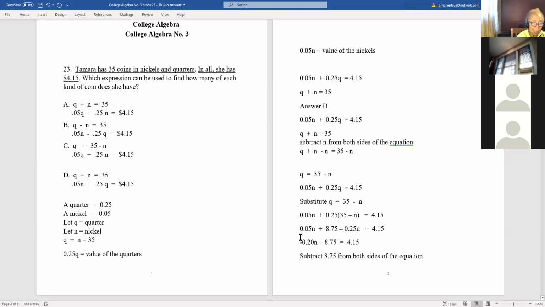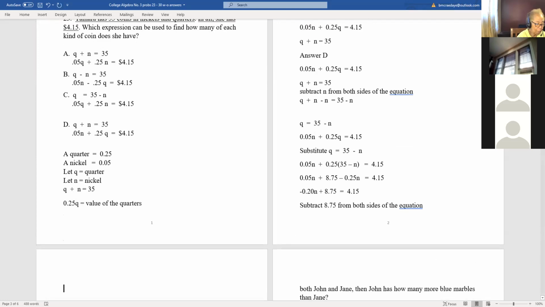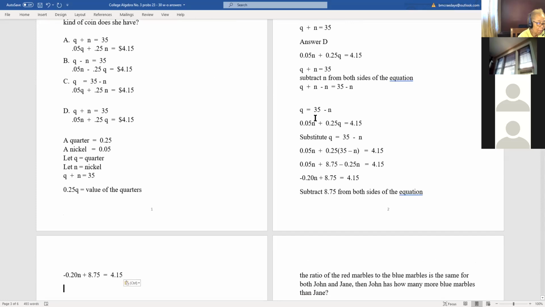All right, so let's just take this and do our subtraction. Subtract the 8.75 from both sides. That becomes minus 8.75, and we do that to the right side too.